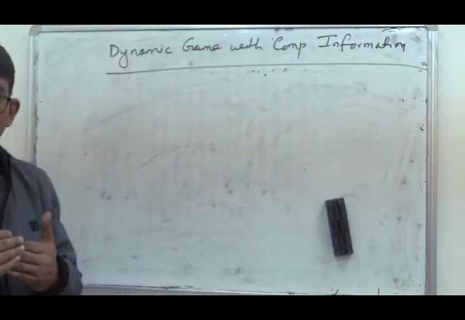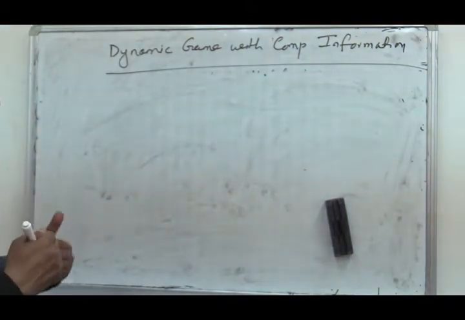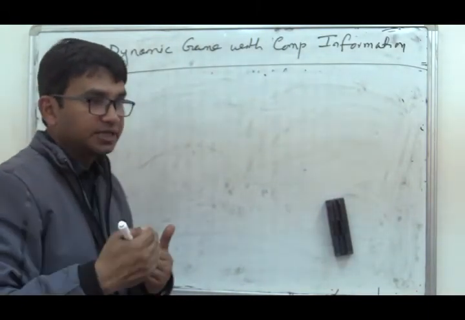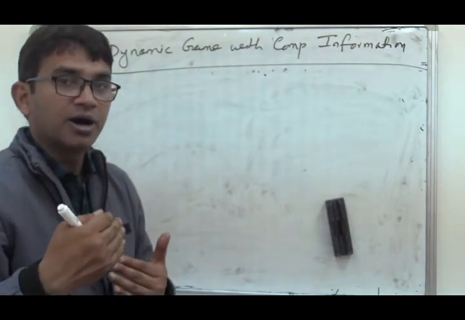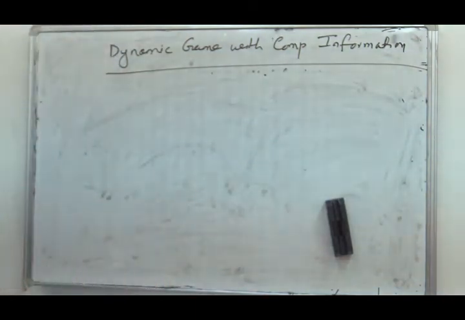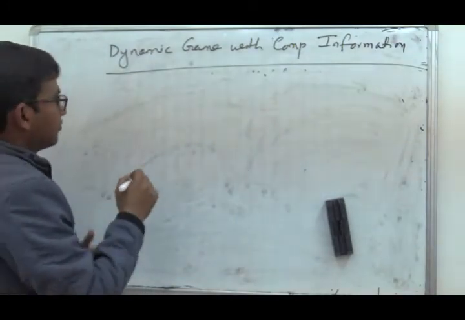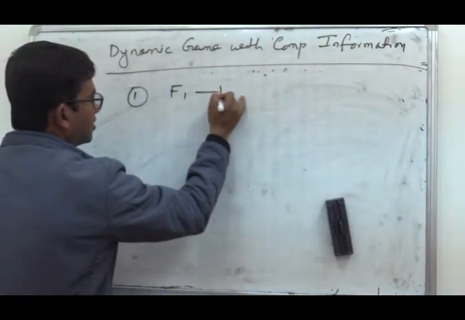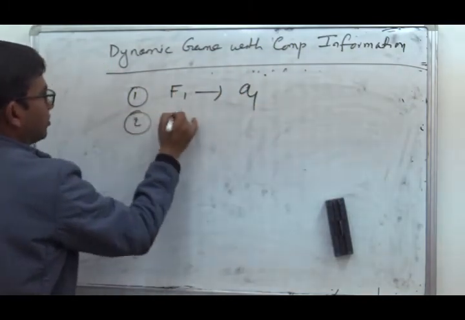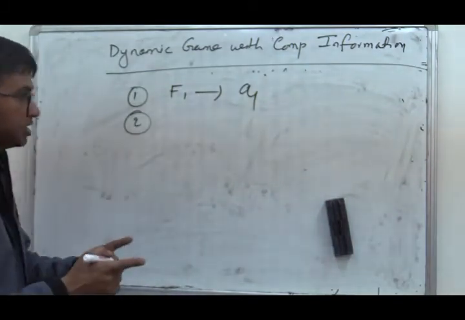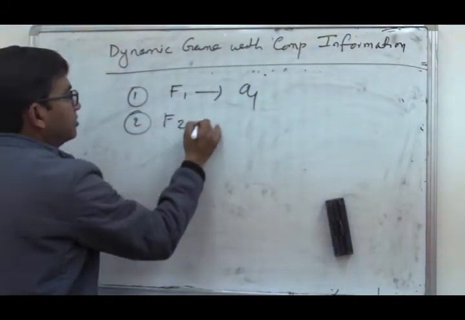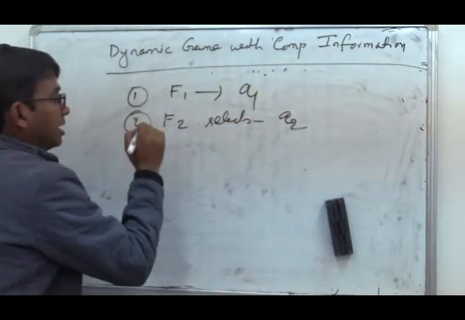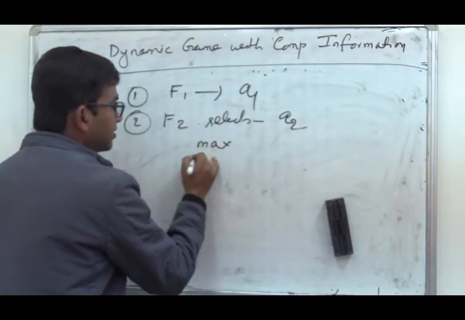But firm 2 is the follower, so firm 2 will not anticipate any change in firm 1's strategy following firm 2's output. So in this case, number 1, we have assumed F1 selects Q1. Number 2, given this Q1, F2 selects Q2. In which way? Its objective is to maximize profit.